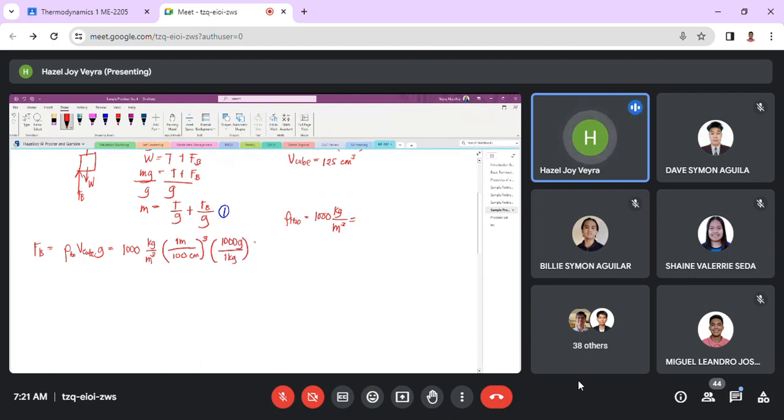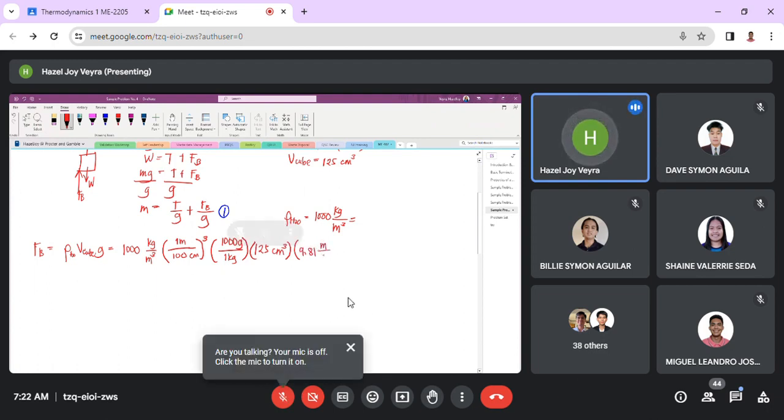And then we're given the volume of the cube. Na-solve na natin. We have here 125 cubic centimeters. And then what's the value of gravity in metric unit? We have 9.81 meter per second squared.